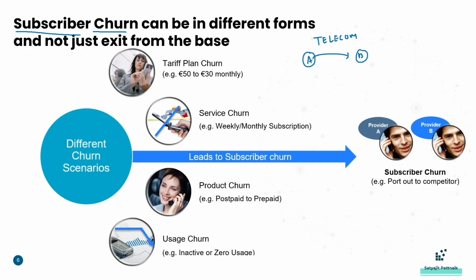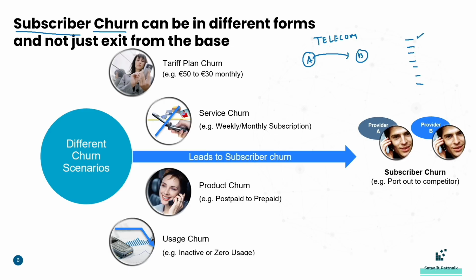Now you are going to churn from A to B. Why? There could be multiple reasons behind it. Maybe B is offering you a better offer. Come, get unlimited data usage at just $50. Or else they are giving you some different offers.